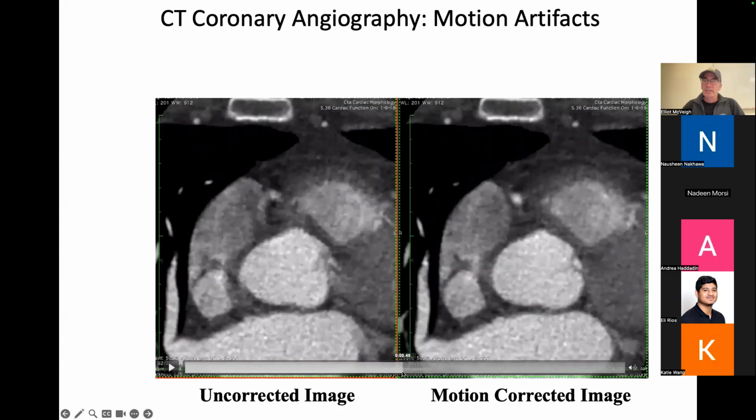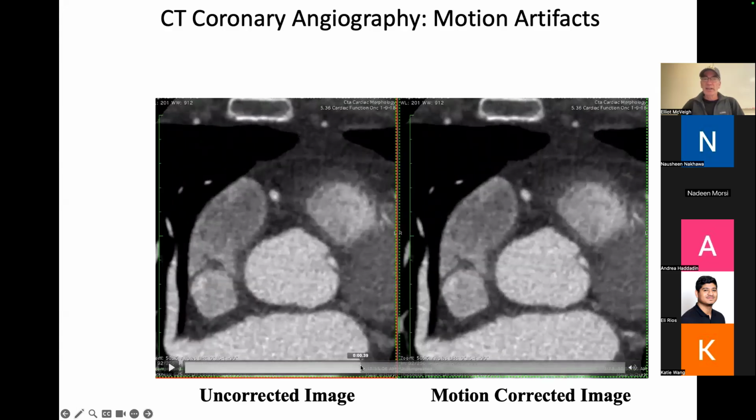However, at certain phases of the heart cycle, like this one, you can see that the vessel is spread out over some distance. Whereas in the motion corrected one, we have a model where we say, okay, for all the projections around here, we know it's moving from here to here. You put those together and you can correct that motion. And so there at end systole, we get another sweet spot where there isn't a lot of motion.